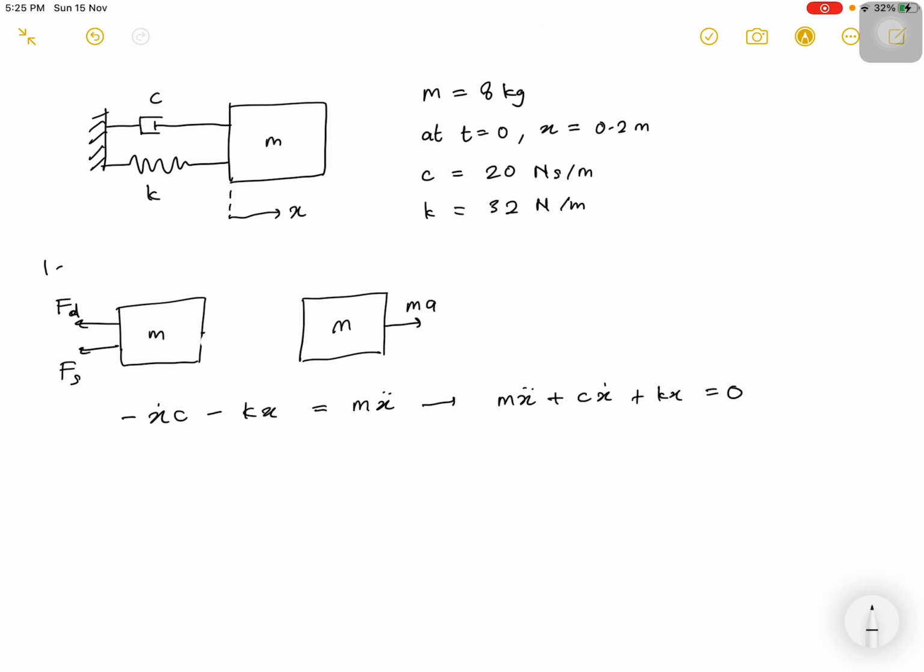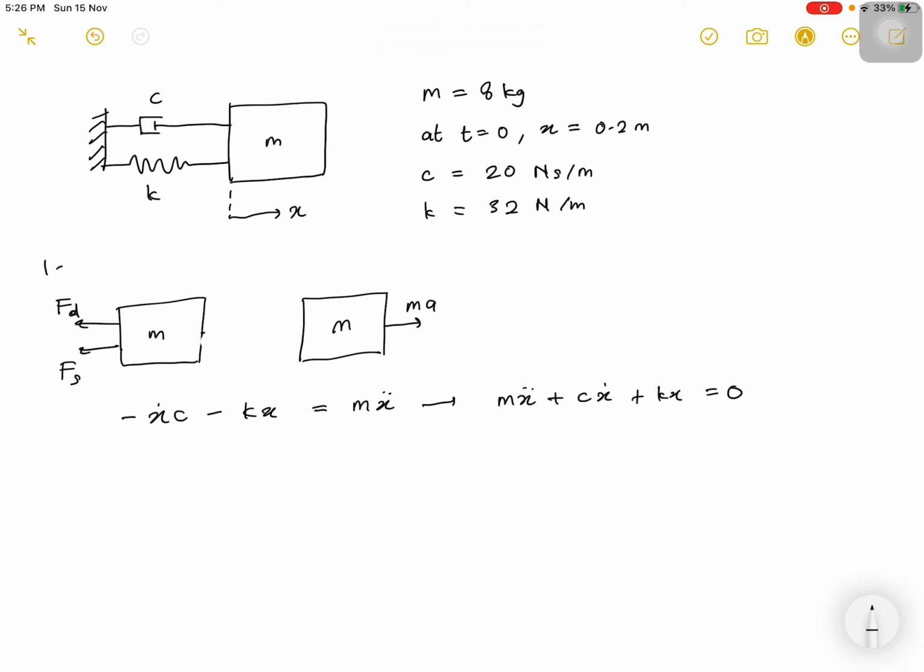So when we have a damper, we need to determine what is the damping category, whether it is over damped, critically damped, or under damped. How to find that is by calculating the damping ratio.